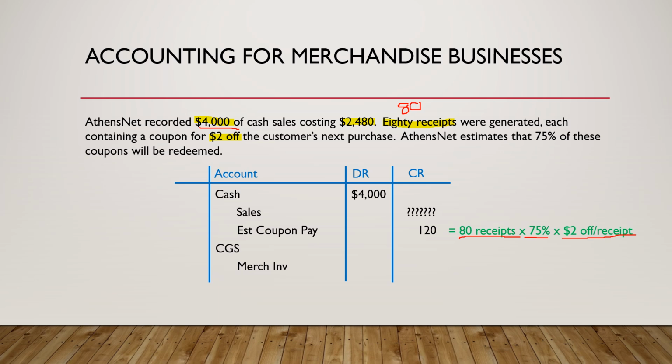Plug your credit to sales as $3,880. The debit to CGS and credit to merchandise inventory will be $2,480. Like in the previous example, the inventory expensed off the books is not impacted by the coupons.